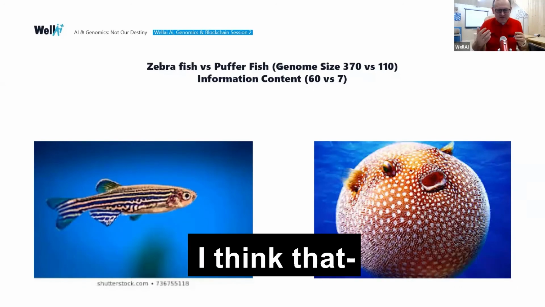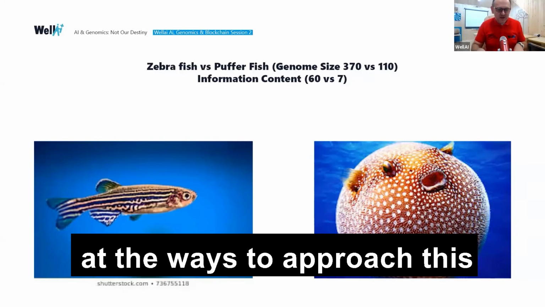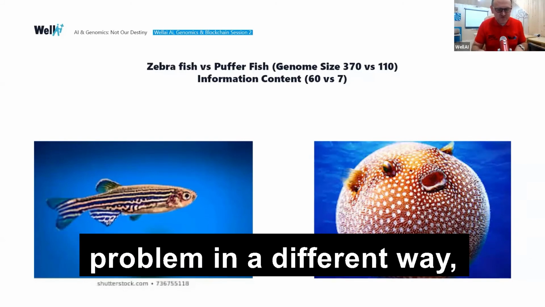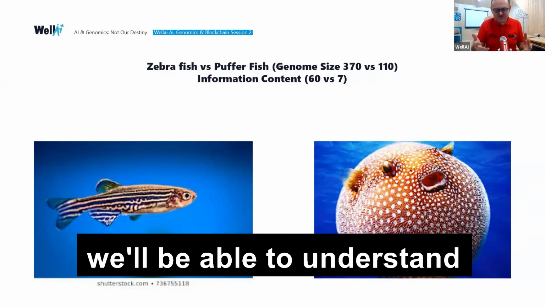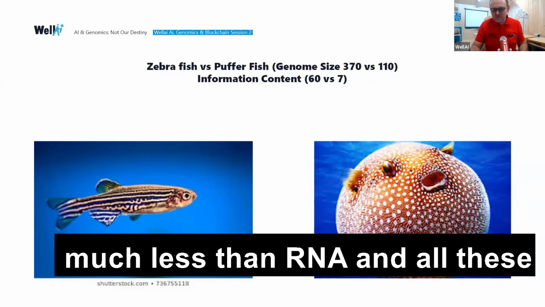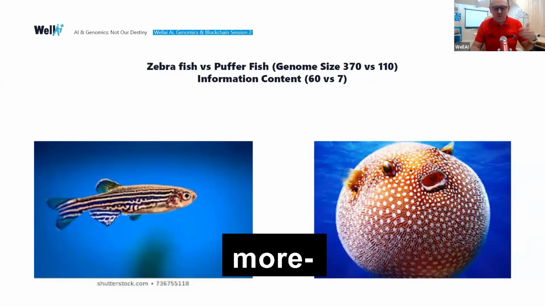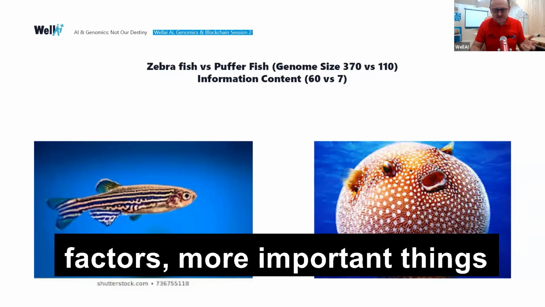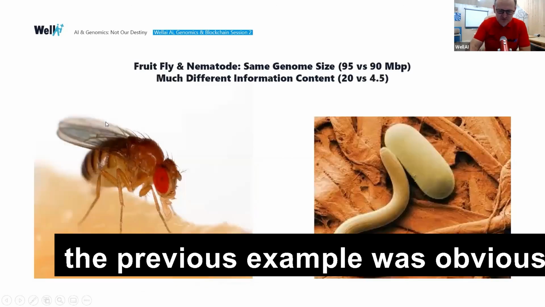We really don't. I think that science should really be more humble and really start looking at ways to approach this problem in a different way, because there's no way with the brute force methods that we use now that we'll be able to understand anything about genomes, much less the RNA and all these other things that are involved. I'm confident that we'll discover more factors, more important things that completely change the way we look at this, right? Again, the previous example was obvious.